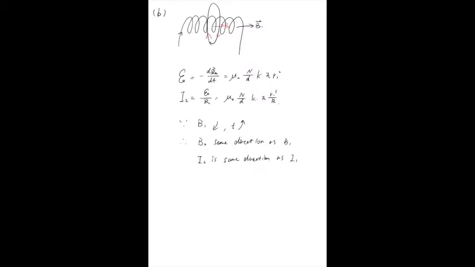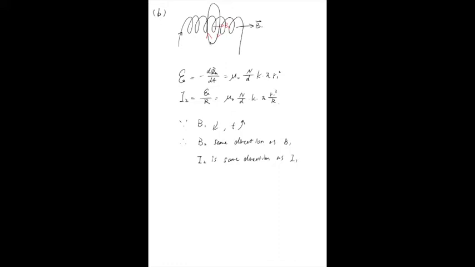For part B of this question, at the beginning, we already know the EMF from part A, which is μ0 times N over D times K times π times R1 squared.